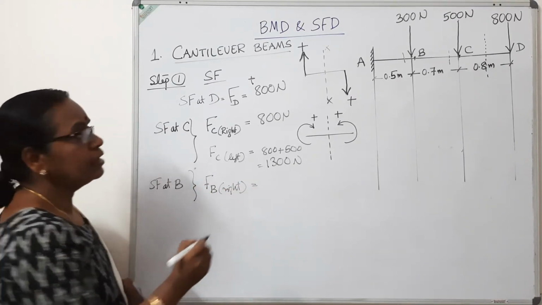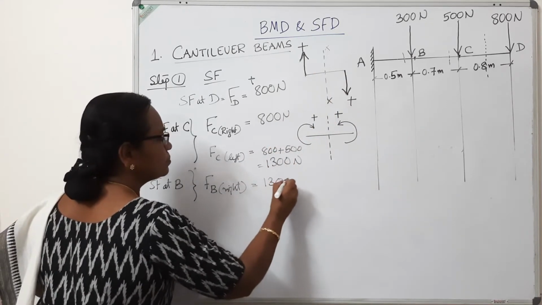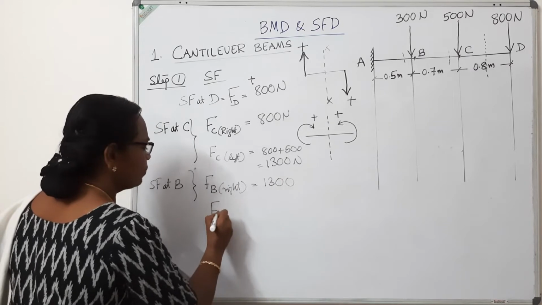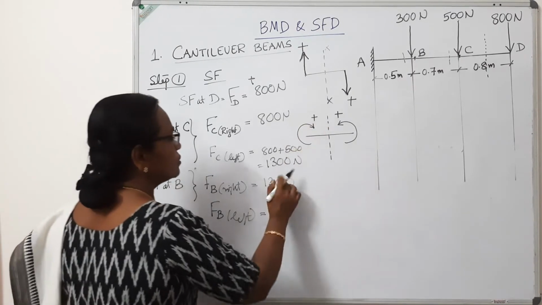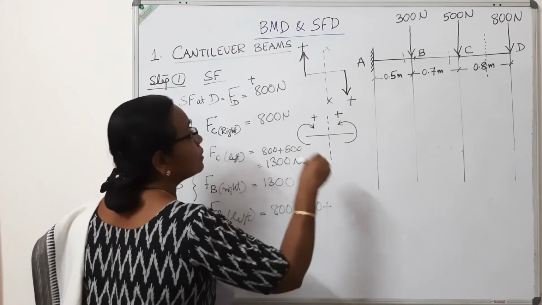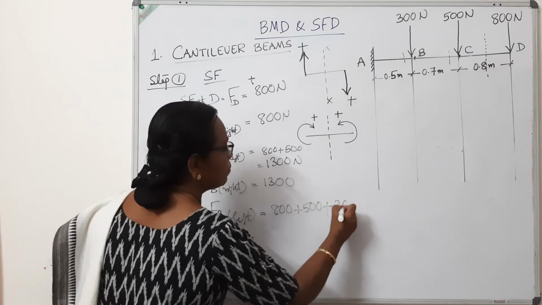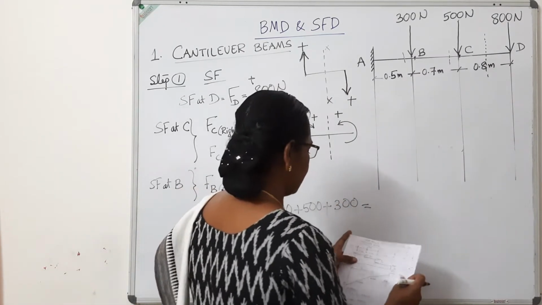Just to the right of B, there is 800 plus 500, 1300. We have already written here. And FB left will be this 800 plus 500 plus another 300. So it will be 1600.